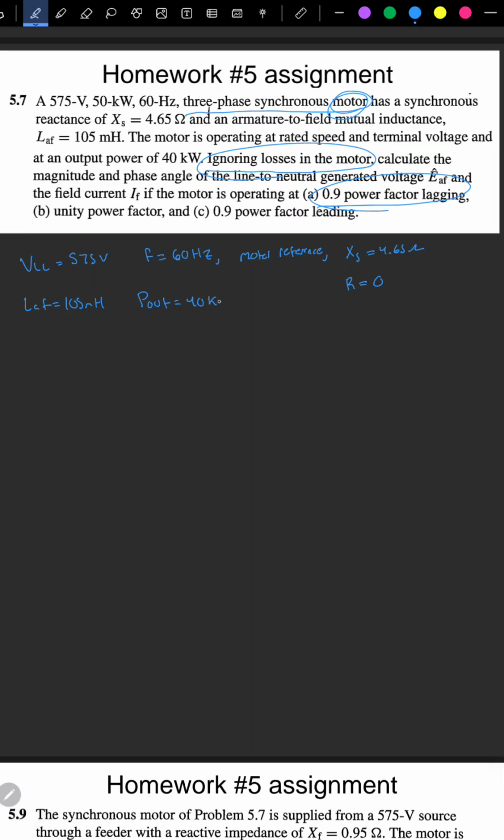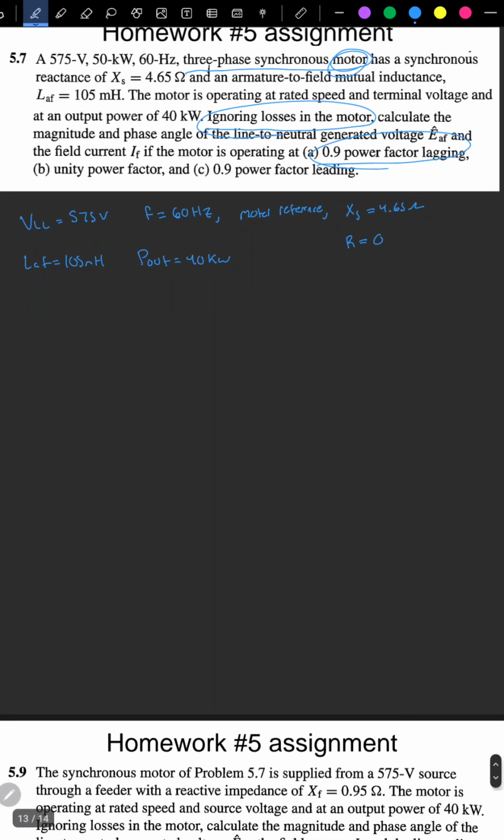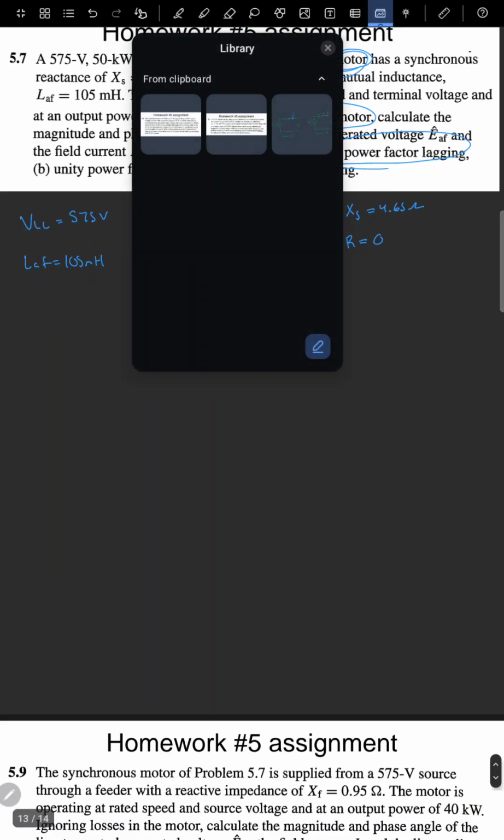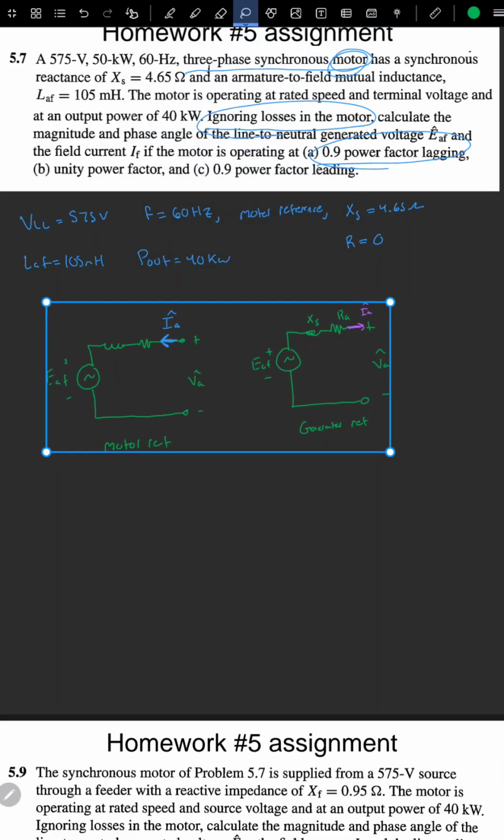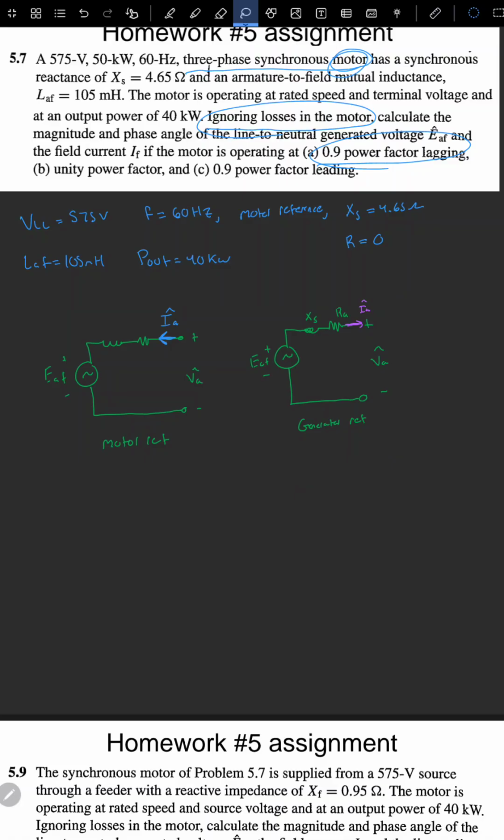So going back to what I was saying before, it is crucial that you either write these down on your formula sheet or know them. That's how you're going to determine your EAF, which is dependent on your IA current, so it's positive or negative depending on that. We know it's a motor reference, so we're going to be using the first.